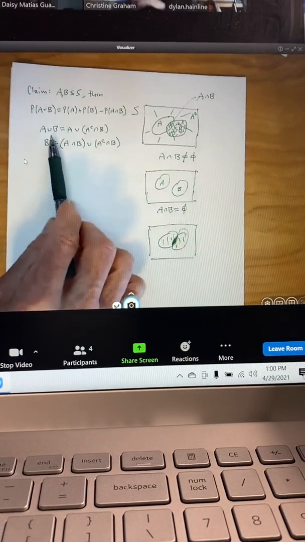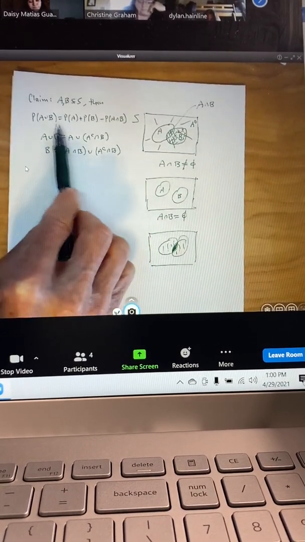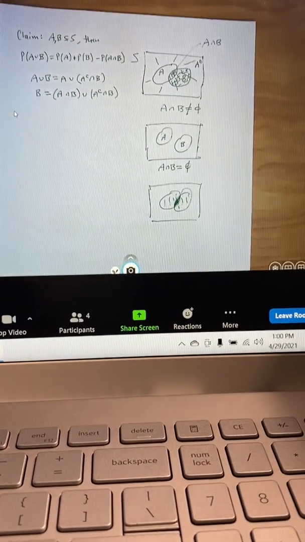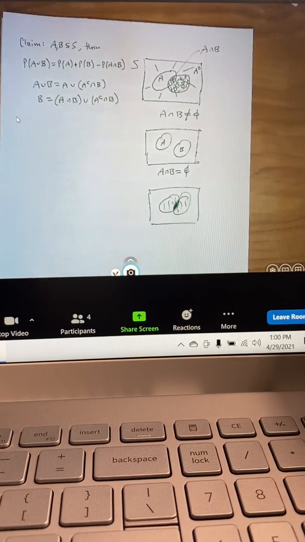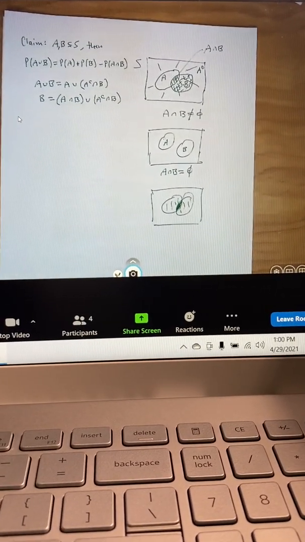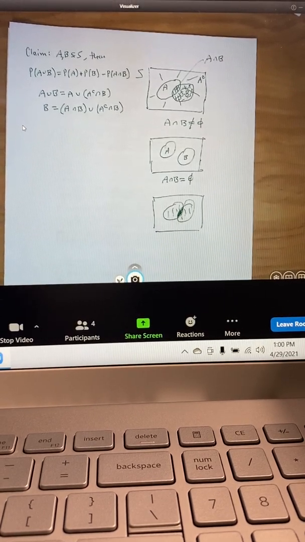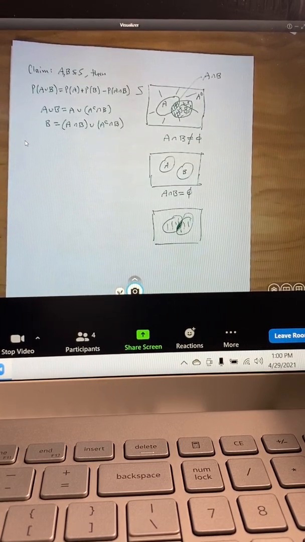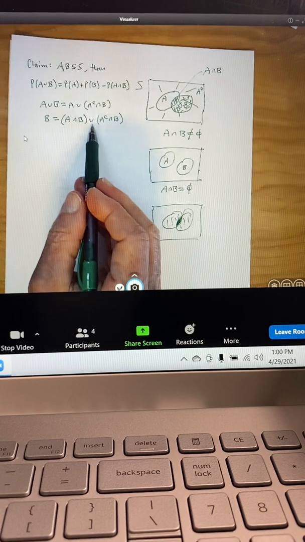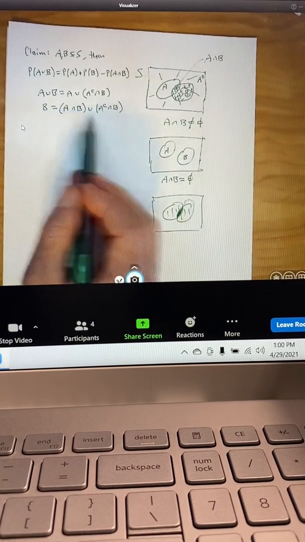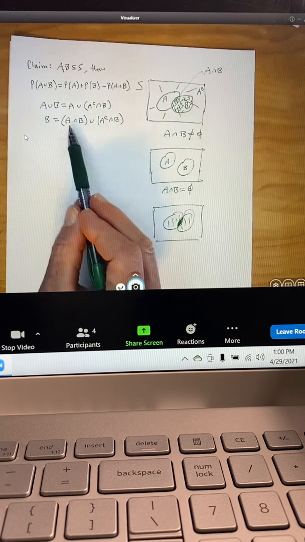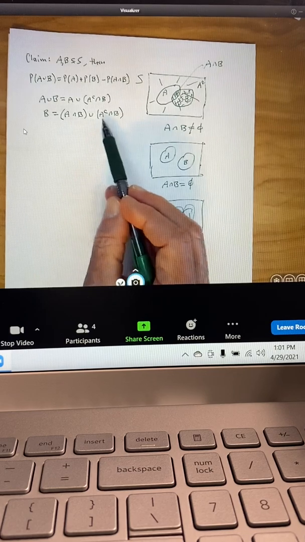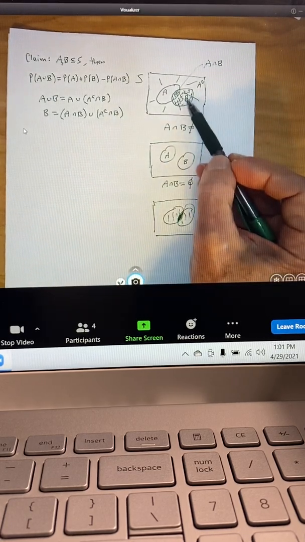We want to use these two things to prove this. The union between the two parentheses is there because that's what makes this statement true. It says if we take A intersect B, which is here, and combine it with A complement intersect B, which is this stuff, we get B.